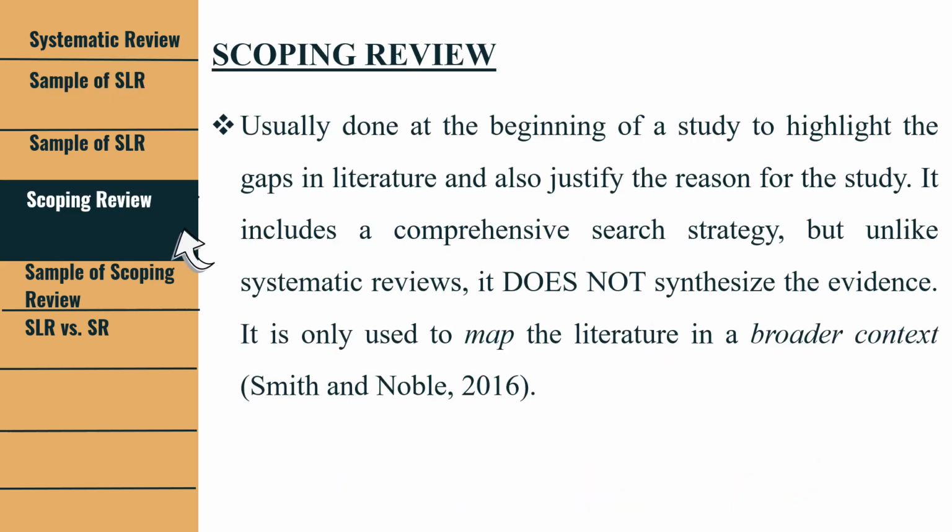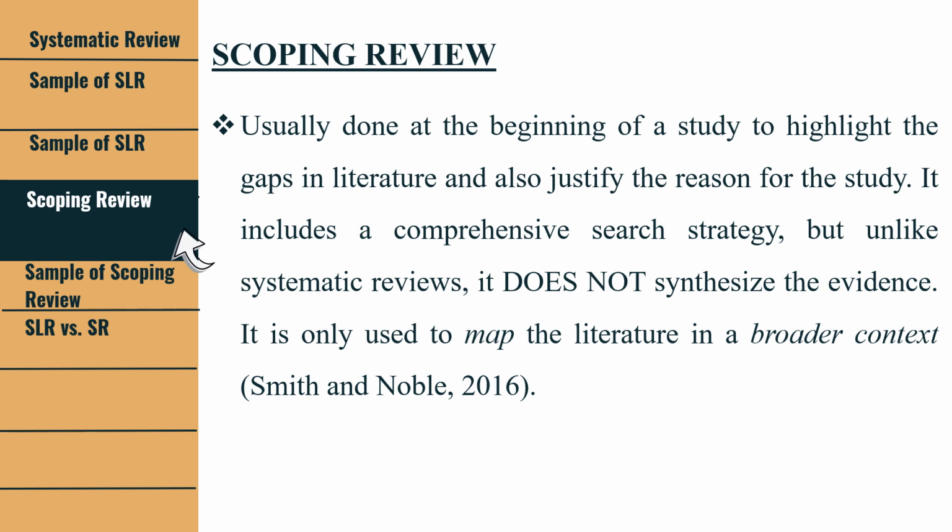Now, moving on, let us discuss what is scoping review. So, scoping review, this is usually done at the beginning of a study to highlight the gaps in literature and also justify the reason for the study. It includes a comprehensive search strategy, but unlike systematic reviews, it does not synthesize the evidence.